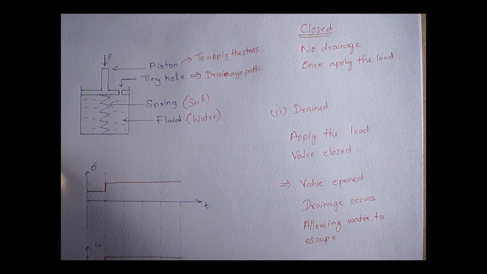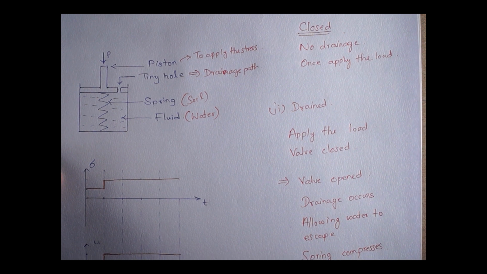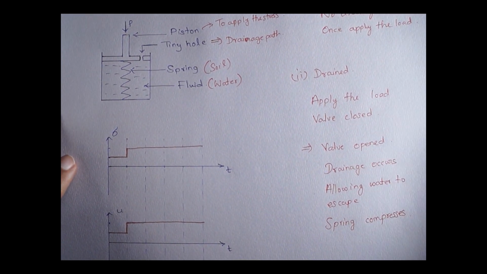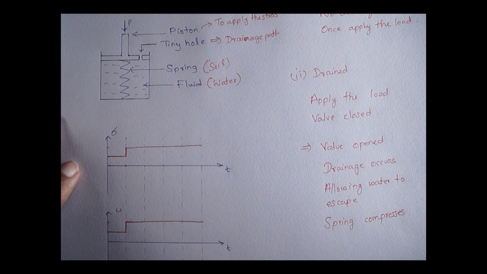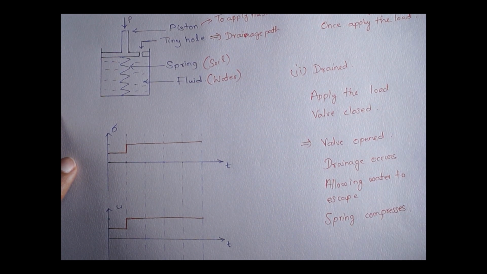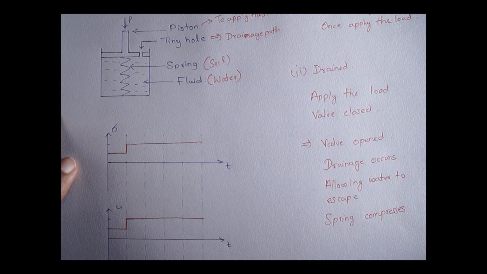So the spring compresses, which is similar to the process in consolidation where the soil experiences the load. Now, as the water is allowed to escape, the pore water pressure decreases through time.